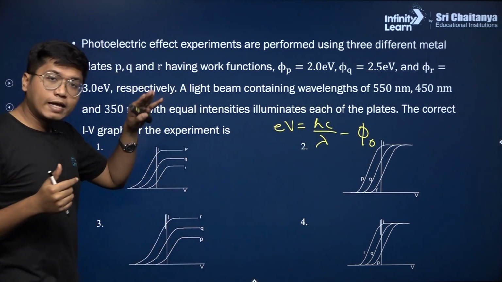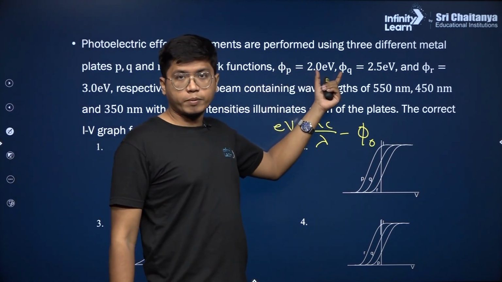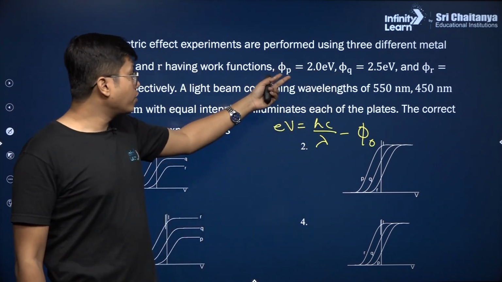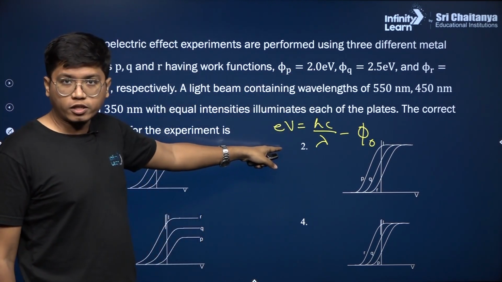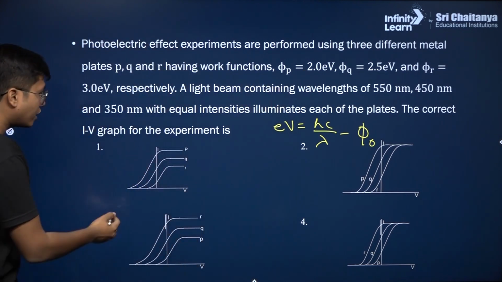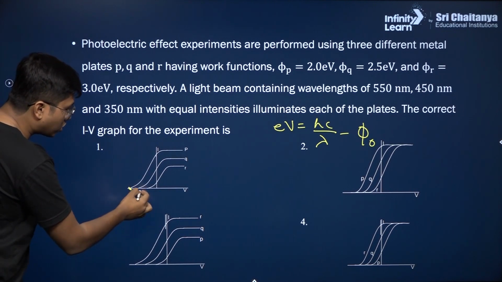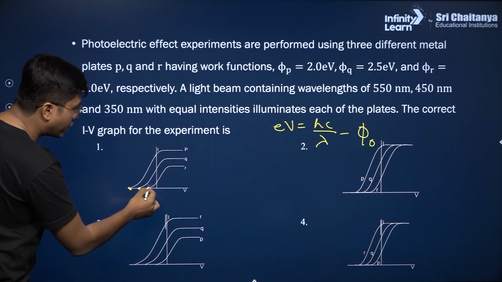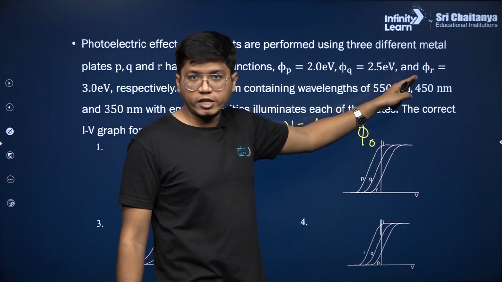Just by looking at this, you can tell that the one with the least work function is going to have the largest stopping potential, which means P is going to have the largest stopping potential, so it's going to be the furthest. Q is going to be after that, and so on, because the work functions are different for each case.